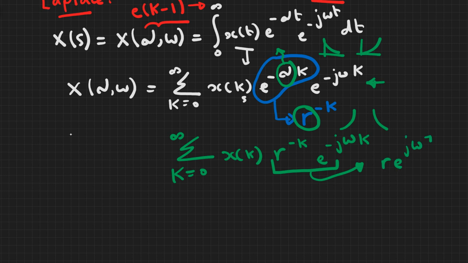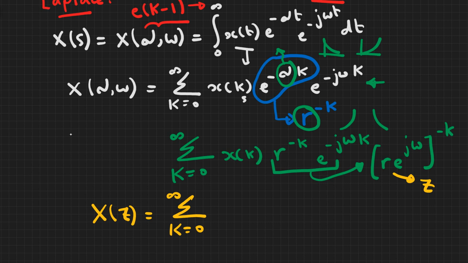We can say this is r times e to the j omega, all to the power of minus k, and we will call this variable z. So instead of x of s, we will say x of z equals the summation from k equals 0 to infinity of x of k z to the minus k.